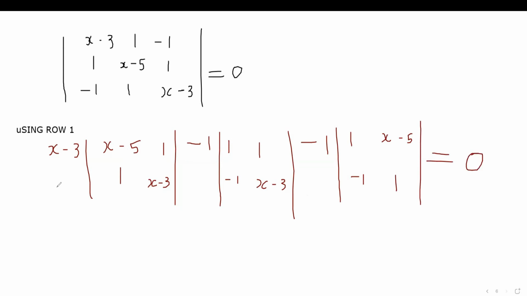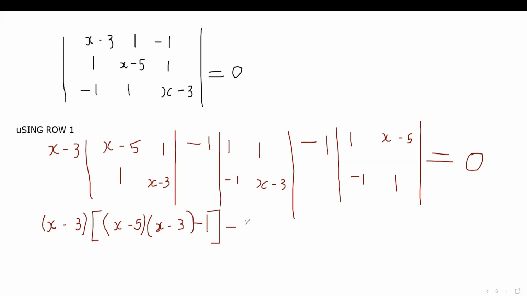So to find this determinant, it is just going to be x minus 3 multiplied by the determinant of x minus 5 times x minus 3, minus 1 times 1 is 1. That's how we find the determinant of that.